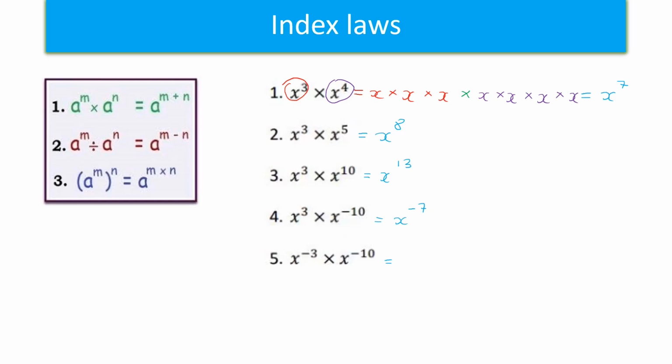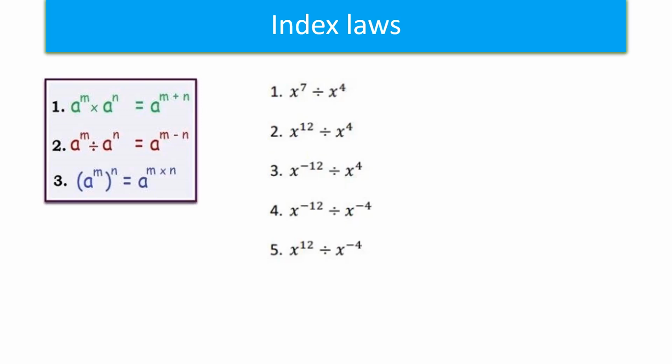And then in the last one, negative 3, add negative 10, that is negative 13. Remember, those two symbols can be replaced by a minus. So minus 3, take away 10 is minus 13.